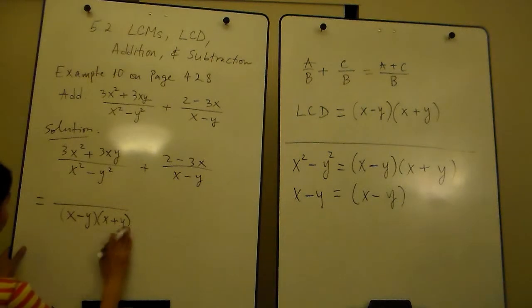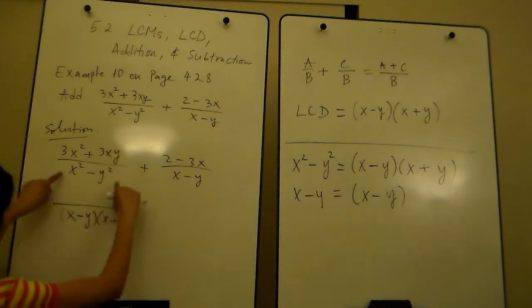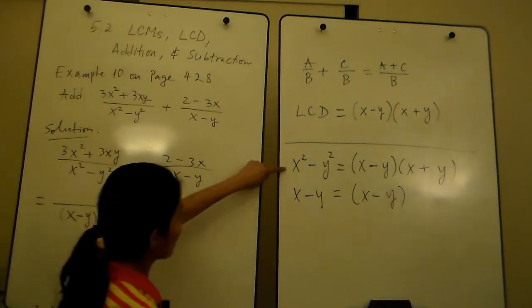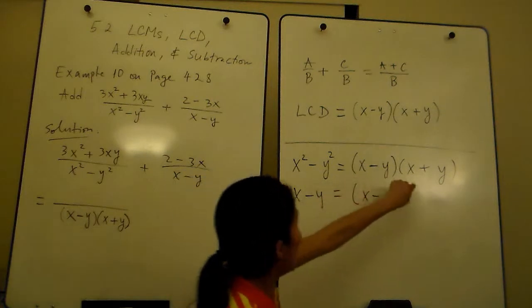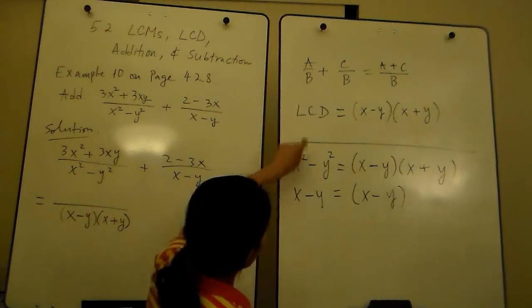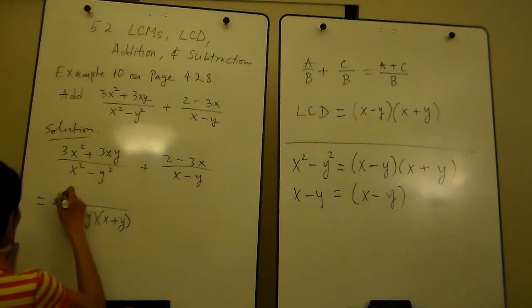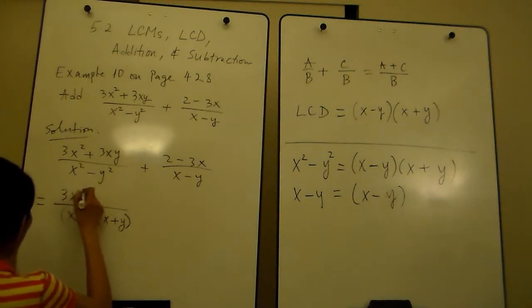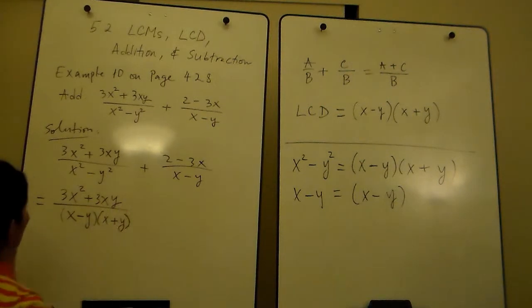So I'm just rewriting this denominator, x squared minus y squared, as x minus y times x plus y, okay? And again, it's the same as the LCD, so the first fraction is done. You don't need to change or modify its denominator to make it become the LCD.